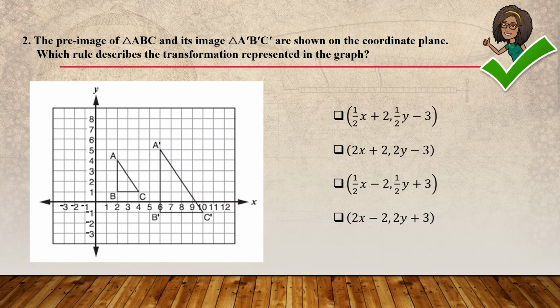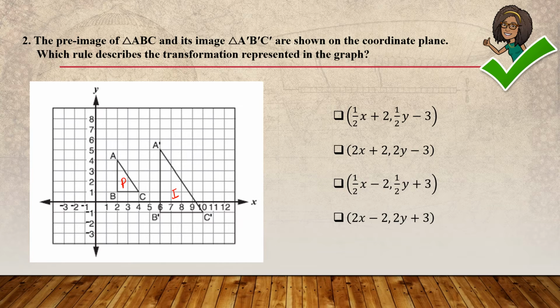All right, so let's look at example number 2. Example number 2 says the pre-image of triangle ABC is its image A'B'C'. So I already know that this is my pre-image, and this is my image. It asks which rule describes the transformation represented in the graph. As I can see, this has to be some type of dilation.